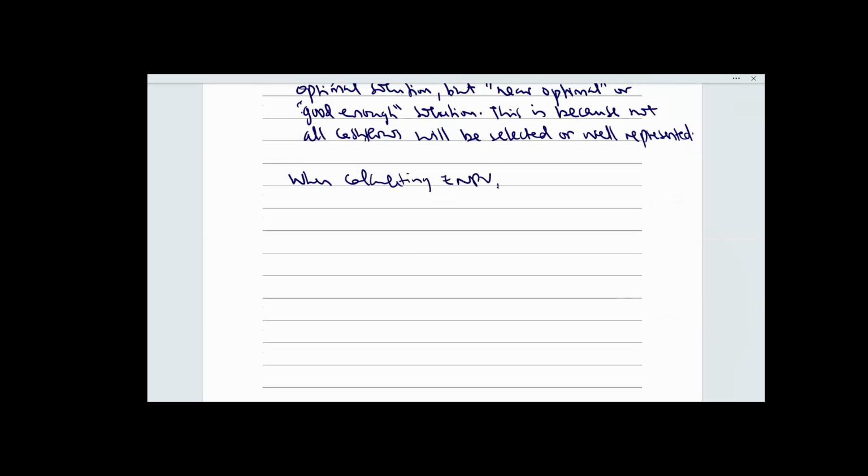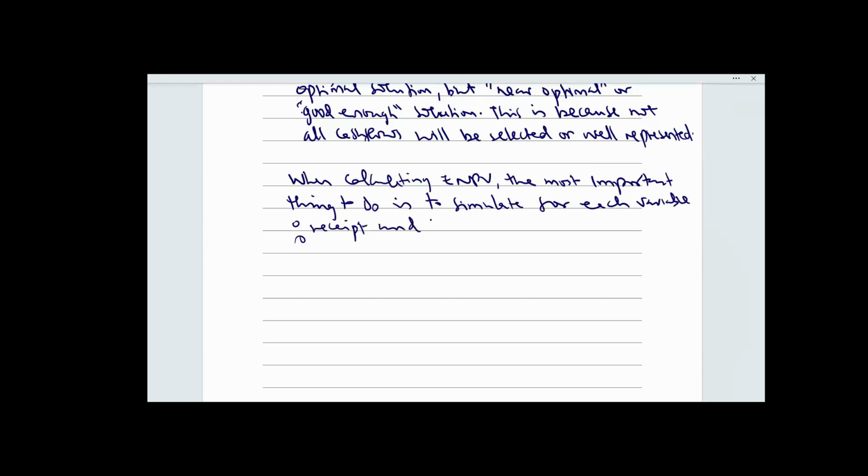expected net present value, the most important thing to do is to simulate for each variable of receipts and payments, that is cash inflow and cash outflow, and then use the simulated results to compute net present value.